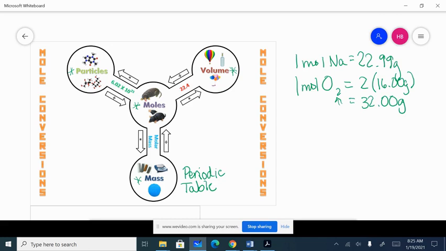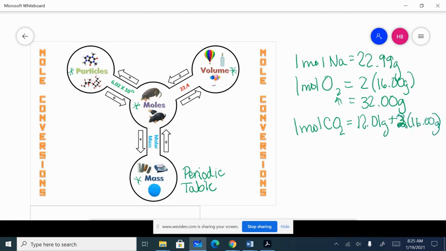Now let's talk about something more complicated. How about a compound that has 2 different elements? In this case, you have 1 carbon, so I'm going to look up 12.01 for carbon. And then I'm going to have 2 oxygens.